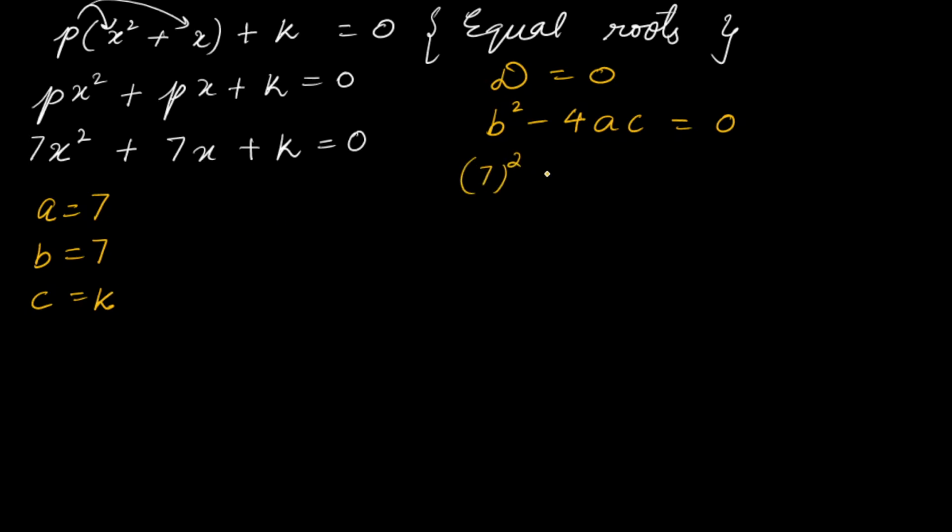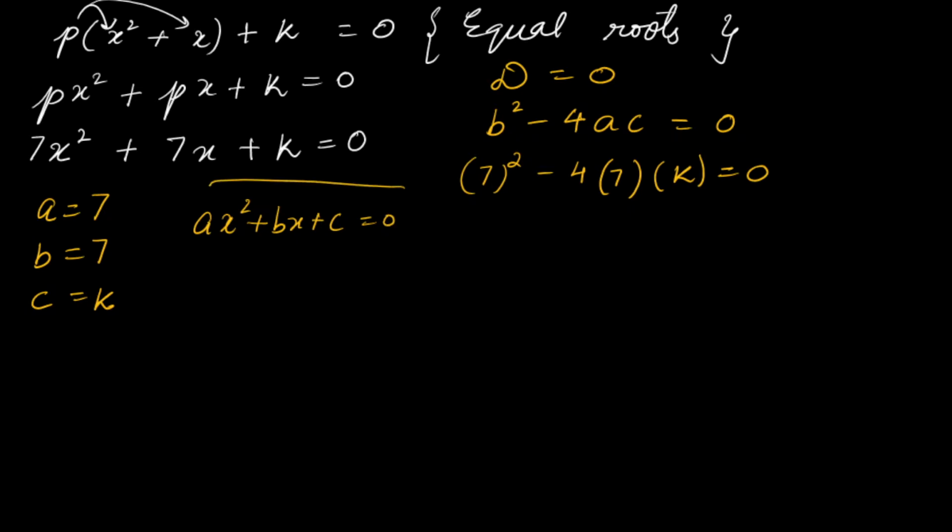So 7 square minus 4 into a, a is again 7, c is k. I am just substituting the values. This is the standard form of quadratic equation, ax square plus bx plus c is equal to 0. From here you have to get the value of a, b and c. A is the coefficient of x square, b is the coefficient of x and c is a constant term.